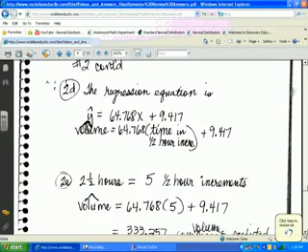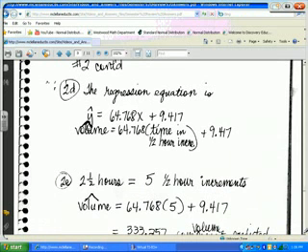Okay, 2D, the regression equation was this. Now, you have to do this or fill in your words. The volume, predicted volume, and here's your slope, and then here's your variable, time, in half-hour increments, plus this.